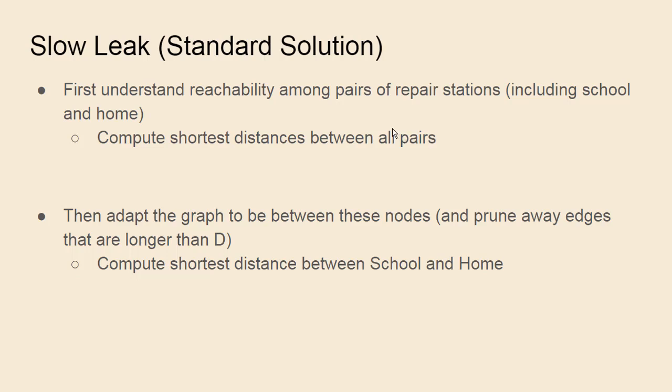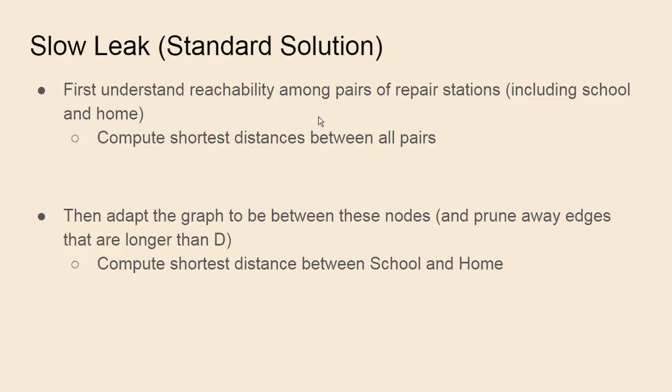Because that's important, we can first compute that. This is computing all pairs of distances, but we really care about the distances among all the repair stations, including school and home. After we've done that, we can ignore all the other nodes.